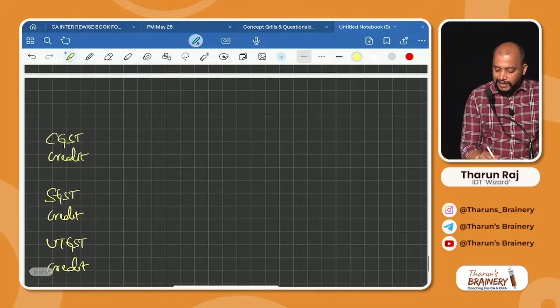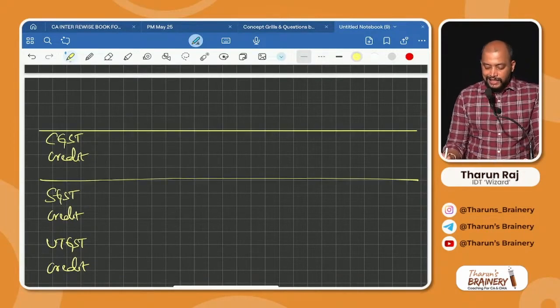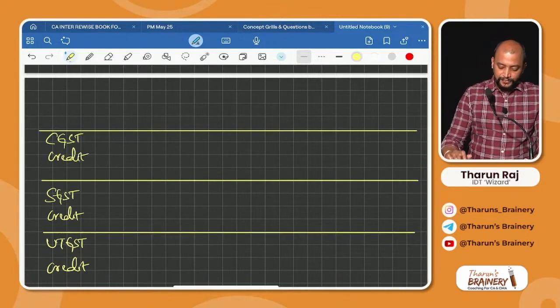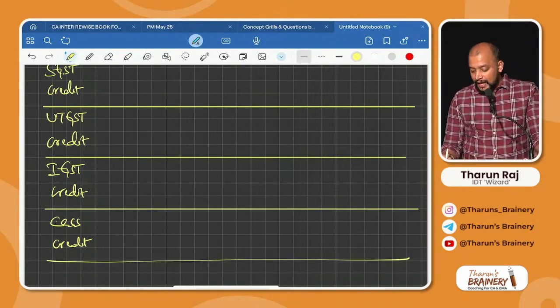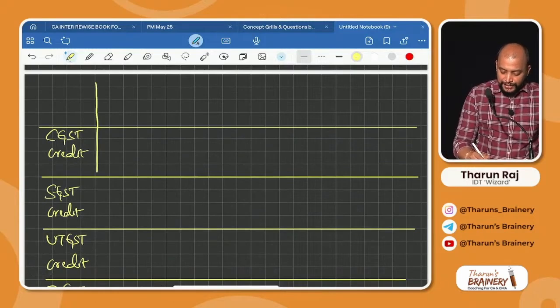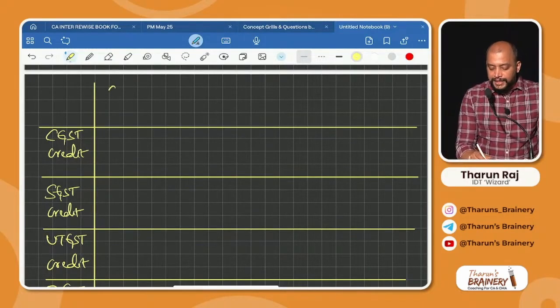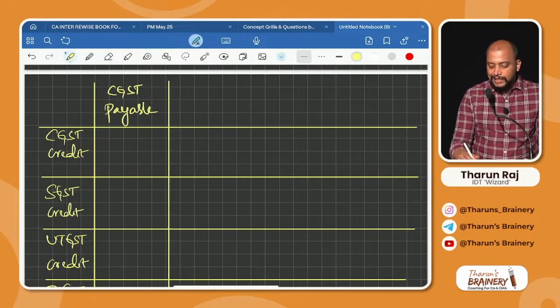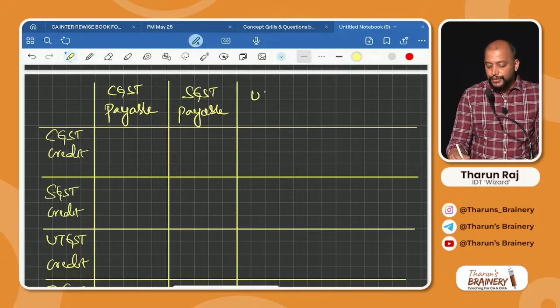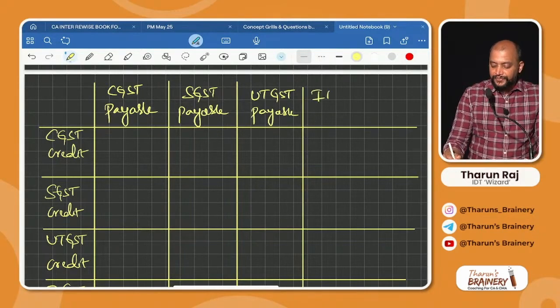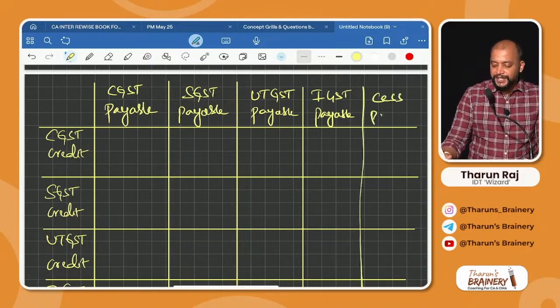All these credits I have, and I have liabilities also: CGST payable, then SGST payable, UTGST payable, IGST payable, and finally compensation cess payable.